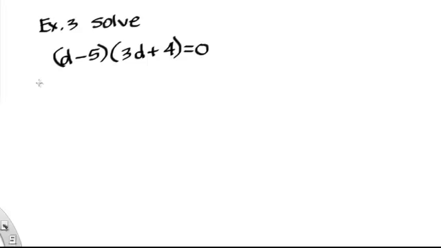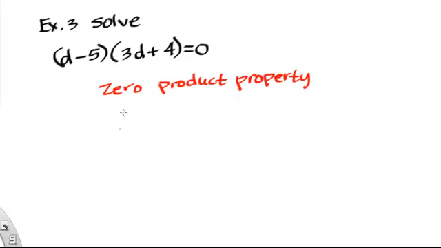What this means is that we are now working with the zero product property. What the zero product property tells us to do is that we are going to make each set of parentheses equal to 0. So d minus 5 equals 0, and 3b plus 4 will be equal to 0.